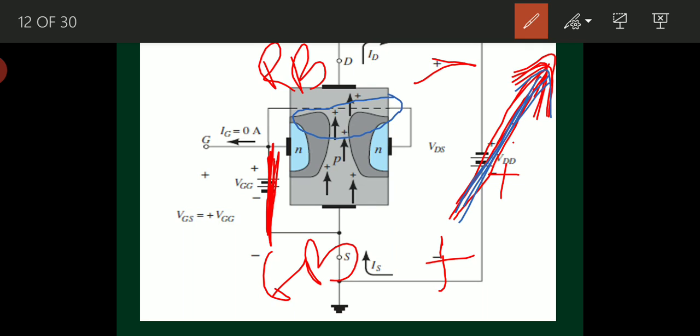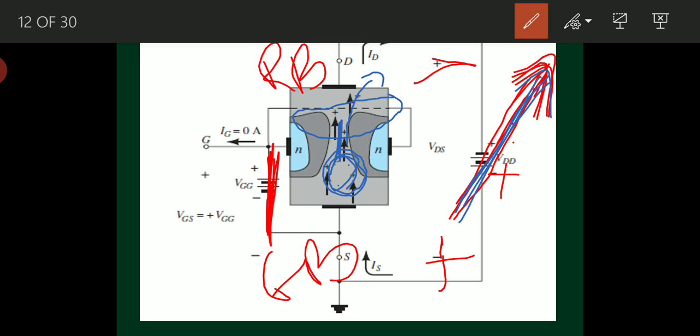So what will happen? All the charge carriers now can't move from source to drain freely. Why? Because the path is narrow now. So they will accumulate here, and a constant number of charge carriers will move from the source terminal to the drain terminal now.